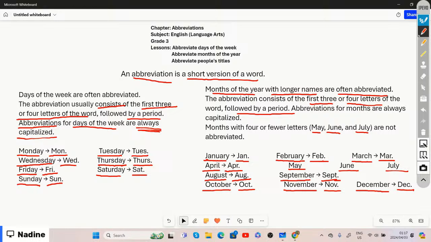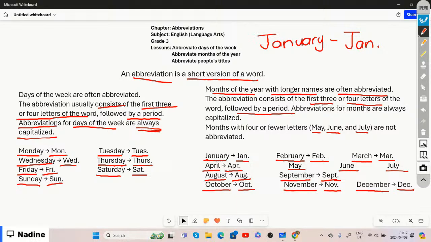Remember, when you write it down, write down the full month of the year, as well as the abbreviation. So, for example, my birthday is in January, so I will write January. Don't forget the capital letter. And then if I abbreviate January, it's going to be Jan, not forgetting the period.